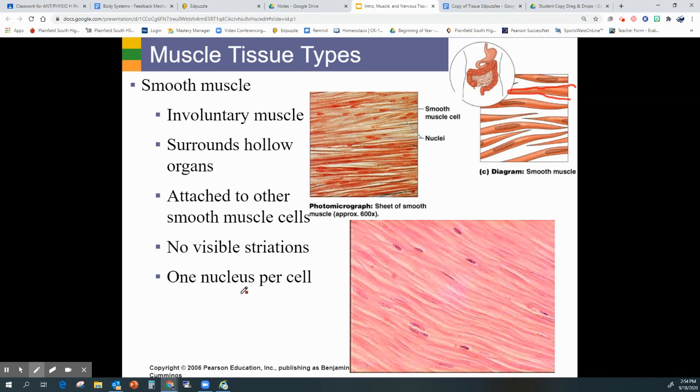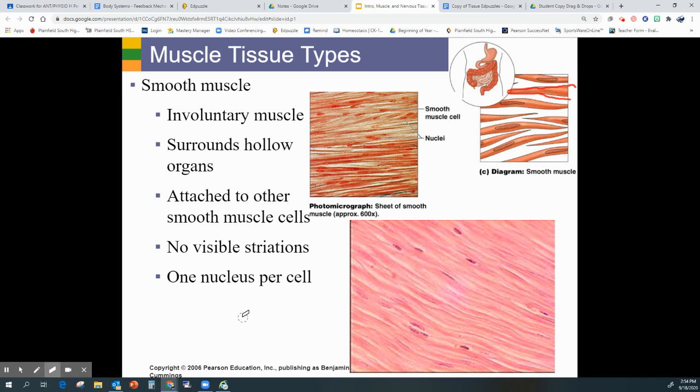So if I draw that a little bit here, again, we have this thin edge, fat in the middle. Again, thin edge, fat in the middle. That's pretty telltale of smooth muscle tissue. And then there usually is going to be some sort of nucleus here in the center. It's a pretty crude drawing, but hopefully that'll help a little bit.